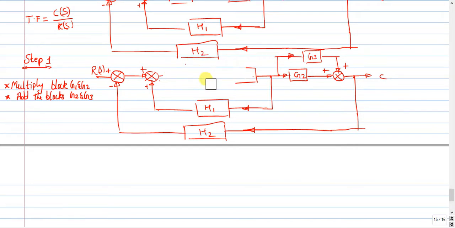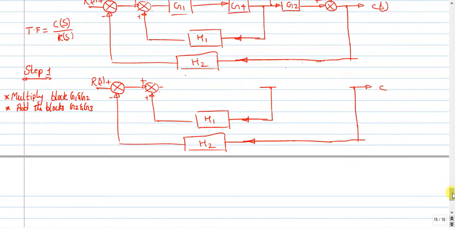And these two are in parallel, and if you notice, at this summing point I don't have any more signal coming to that point. One is from the forward path, one from G3, so I don't have any more feedback, so I can eliminate this summing point also. While reducing, I will eliminate that particular summing point also.